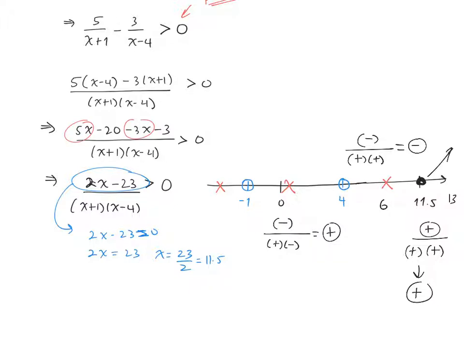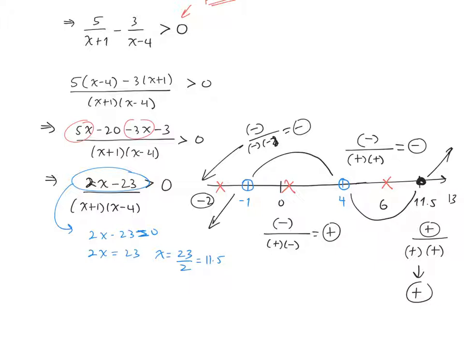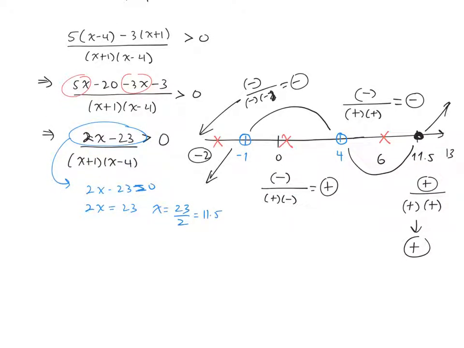So here it will go up, here it goes down, up, and most likely this will go down too, but let's check. Let's say you pick -2. The first one is negative, so the whole thing will be negative. Remember that you're trying to find where the solution is positive, so the solution is positive in here and in here.